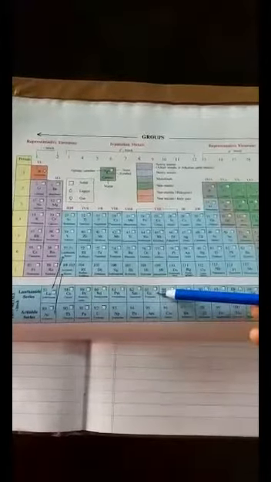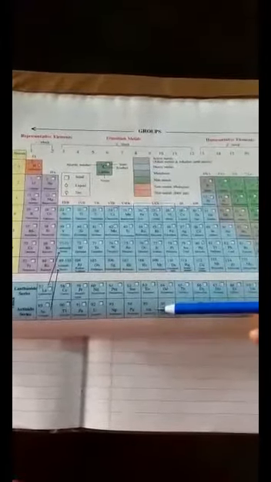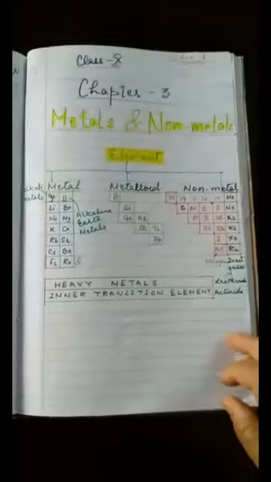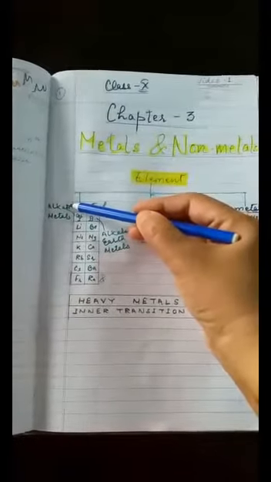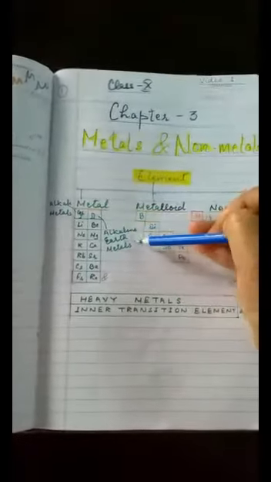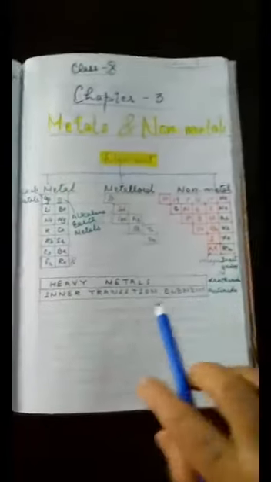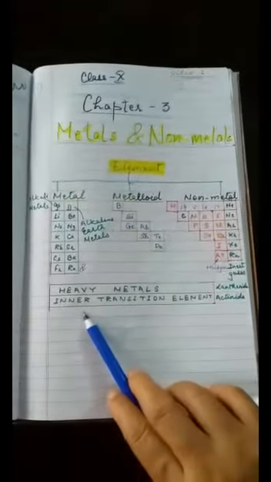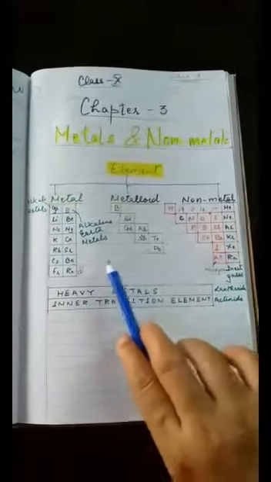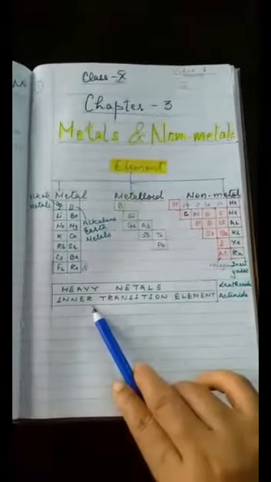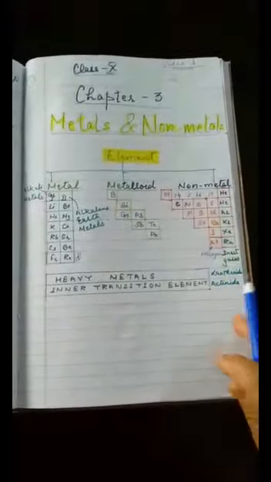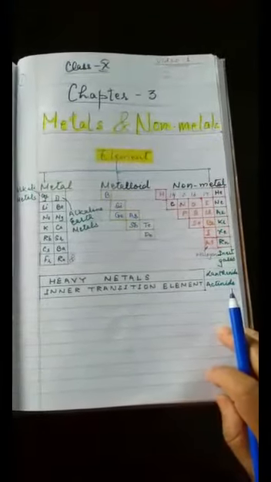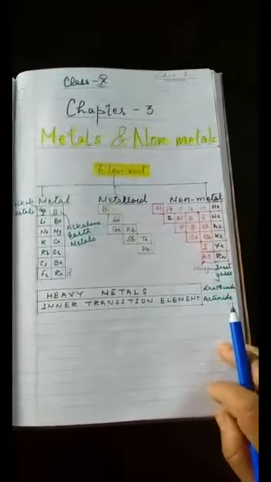These two rows show lanthanides and actinides, which are called heavy metals or inner transition elements. So metals of group 1 are called alkali metals and metals of group 2 are called alkaline earth metals.